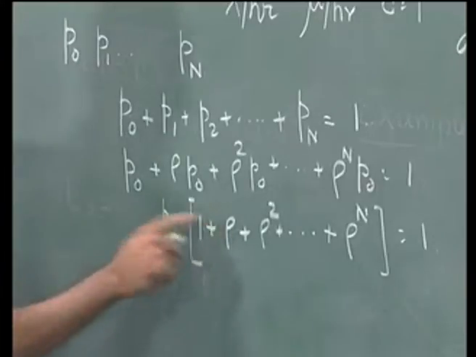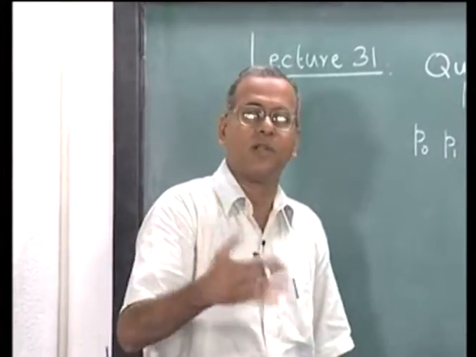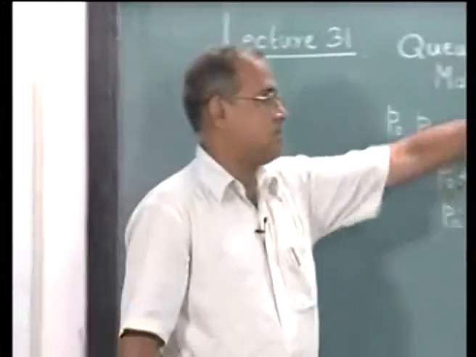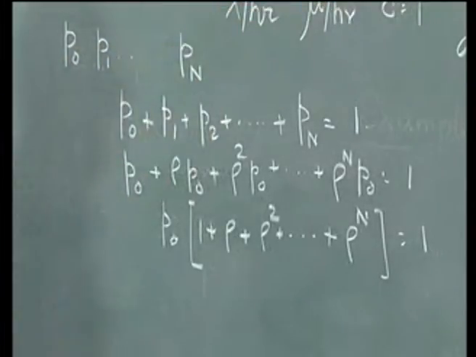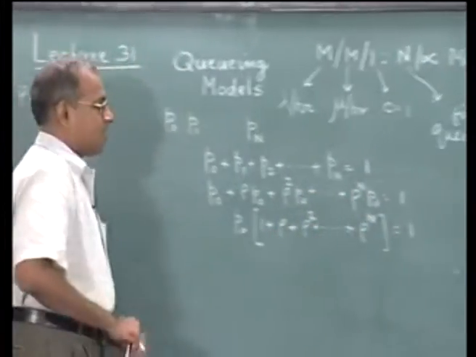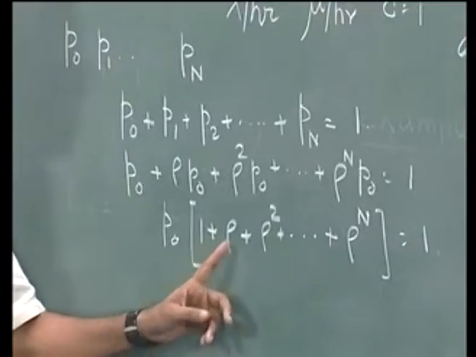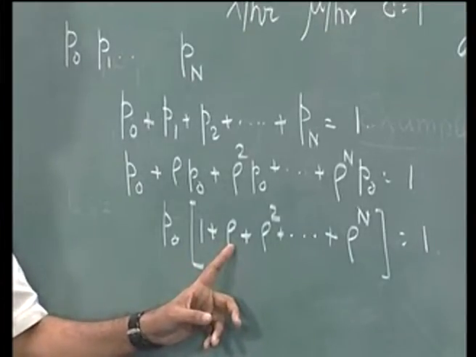Now, in this case rho can even be equal to 1 or greater than 1, because we have this forced blocking that actually happens. So, this is a finite geometric progression that has n plus 1 terms, with the first term equal to 1 and the common ratio being equal to rho.